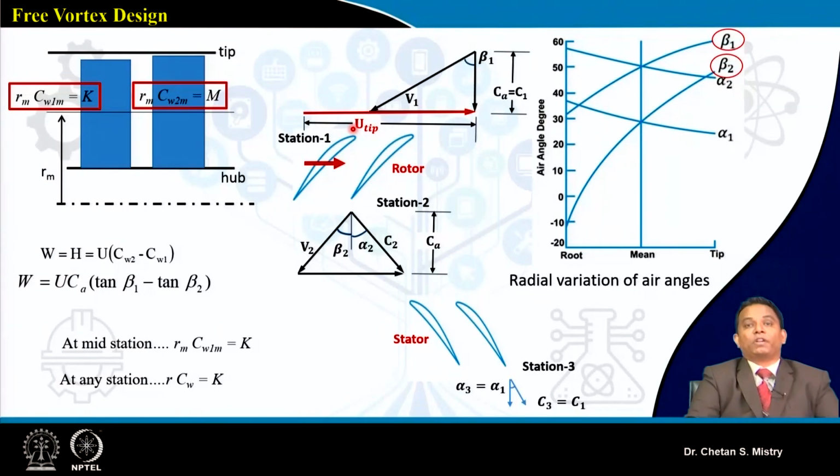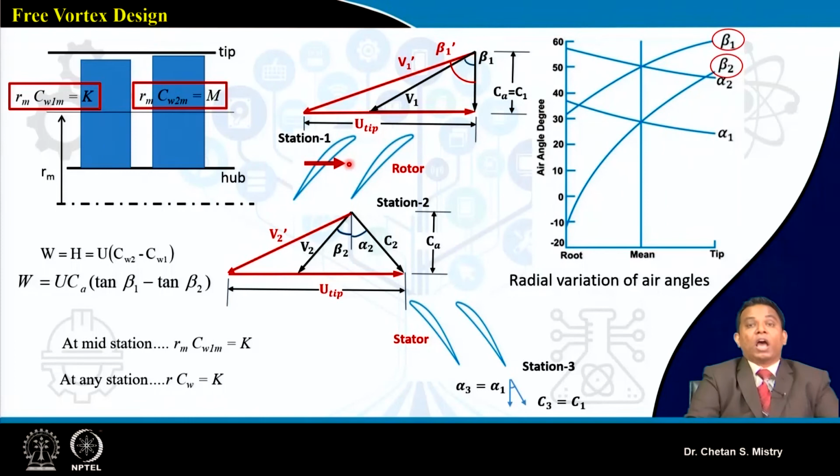Since my tip diameter is larger, I will be having this configuration of U-tip. That gives me my relative velocity component V1 dash, and that gives me my blade angle, or we can say my airflow angle at the entry of rotor, as beta 1 dash. In line with that, at the exit of rotor, I will be having the variation of my angle given by beta 2 dash.